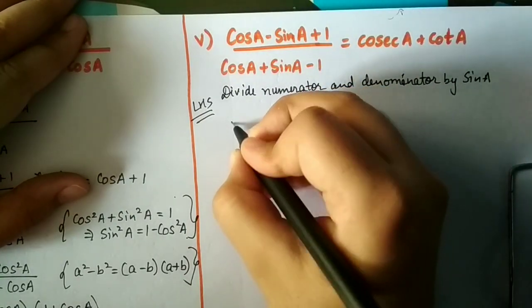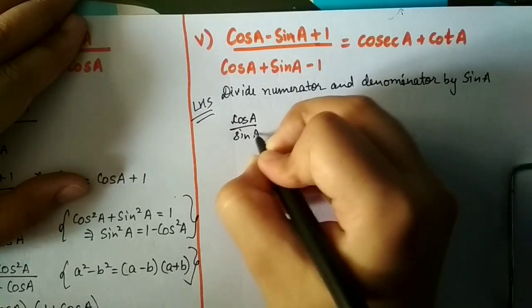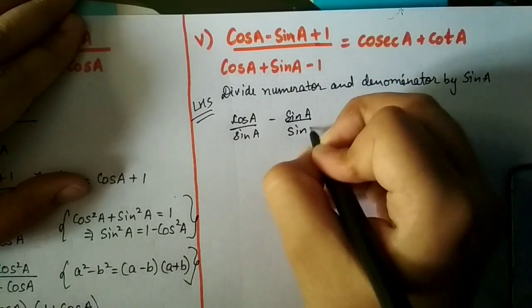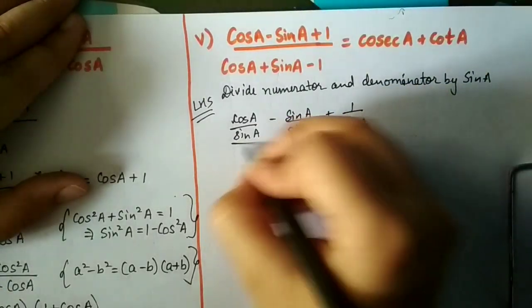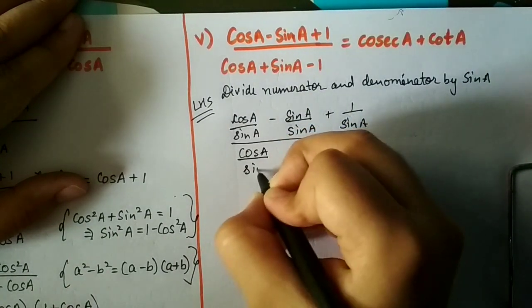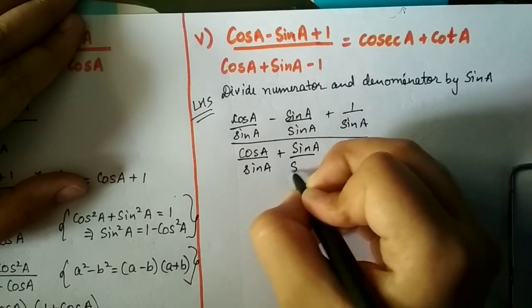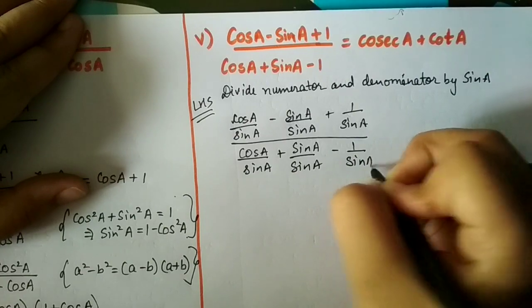So you get cos a upon sin a minus sin a upon sin a plus 1 upon sin a divided by cos a upon sin a plus sin a upon sin a minus 1 upon sin a.